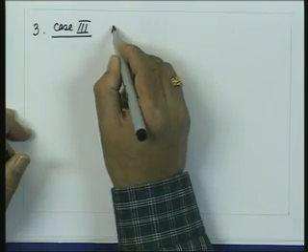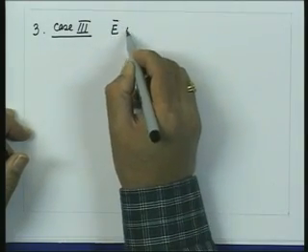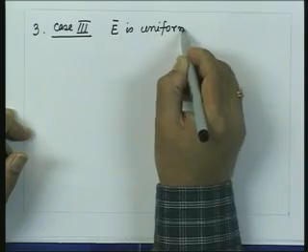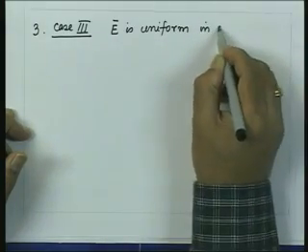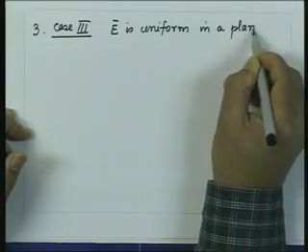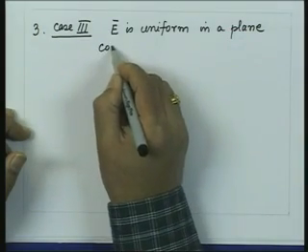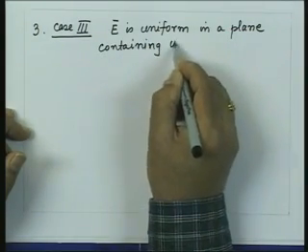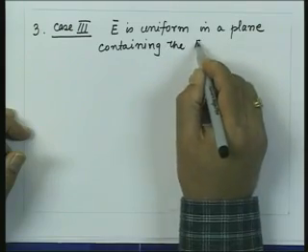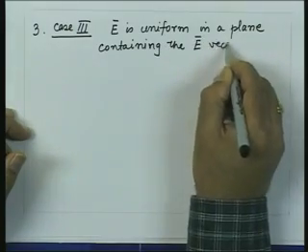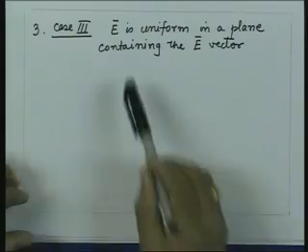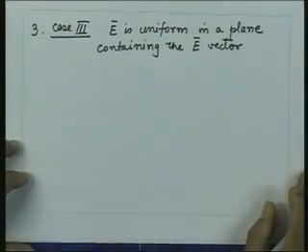that E is uniform in a plane containing the E vector. In this case we are taking the E vector oriented in the x direction.